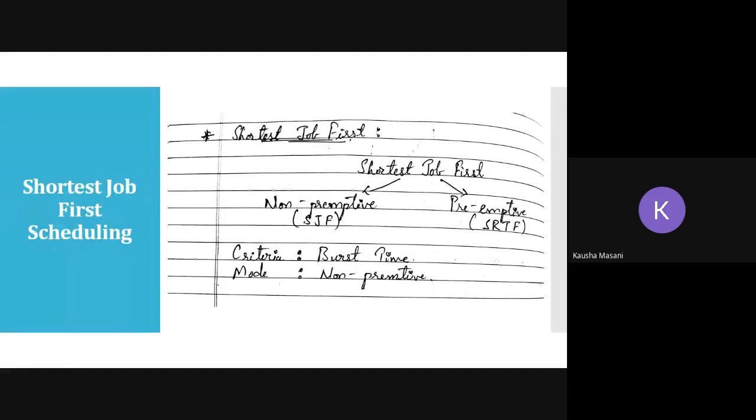Just quickly, can anyone tell me what is preemptive? Students, what is preemptive scheduling, or you can say the preemptive approach? Nobody knows what is preemptive and what is non-preemptive.